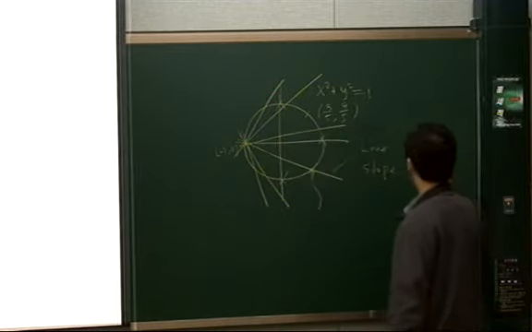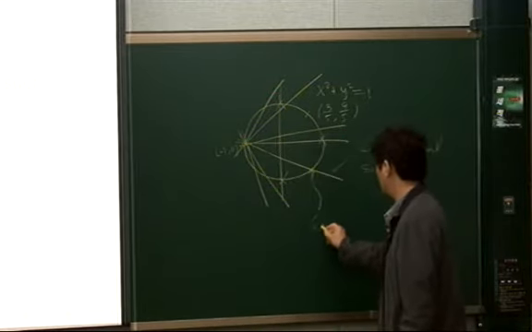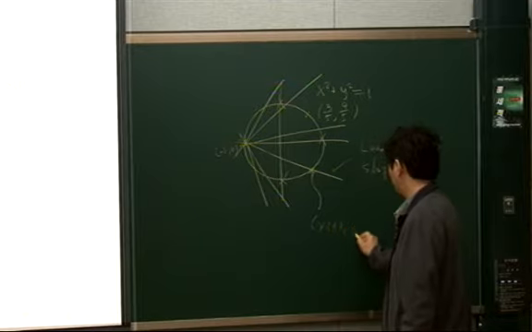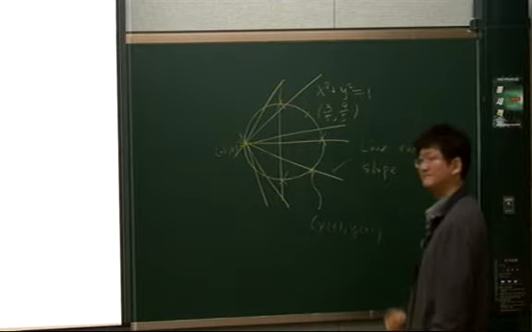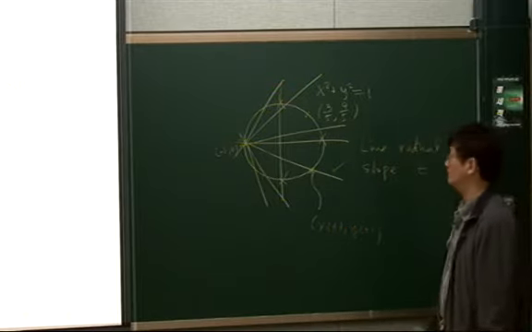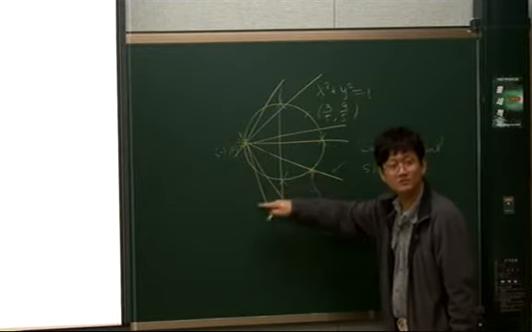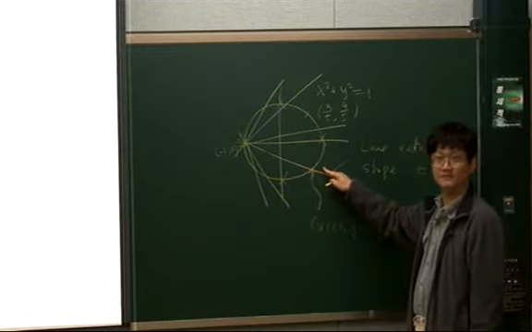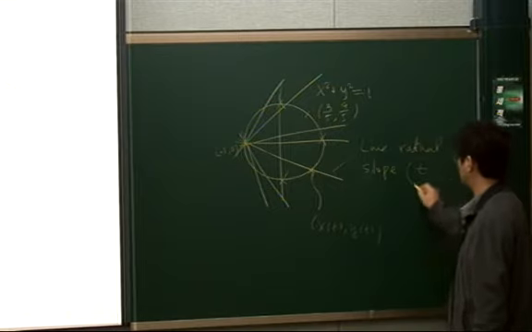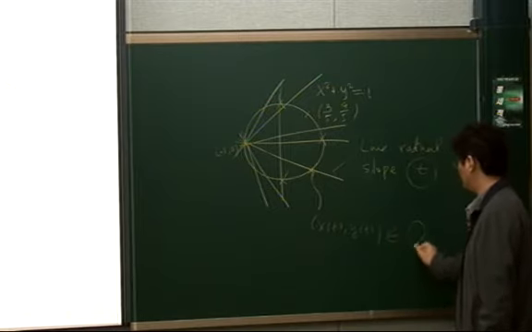Let's say the slope is t, and you can call this point xt, yt, right? So it will be determined by t. For each slope, you'll get a point, right? And what happens is that whenever the slope is rational, this will be rational.